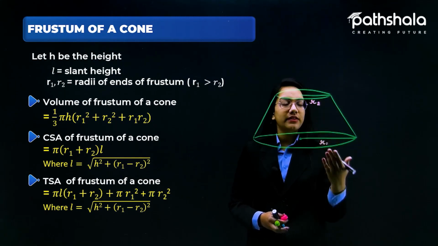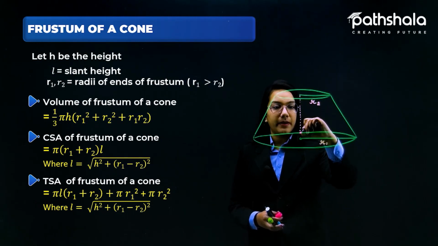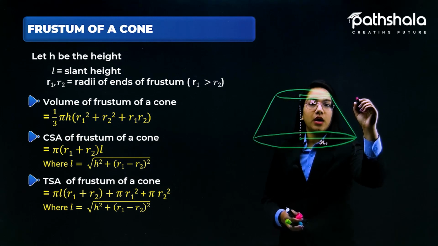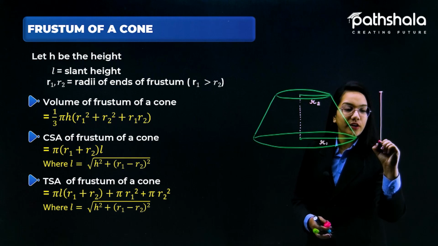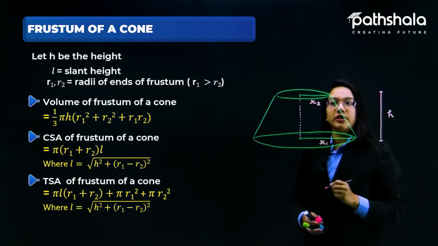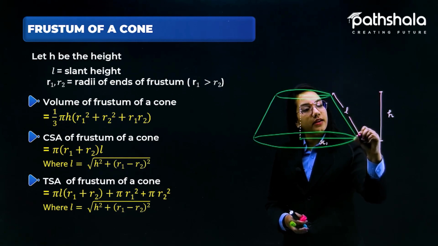You can see by yourself that R1 is definitely greater than R2, and this is the height h of this frustum. This is the slant height of the frustum, that is L.